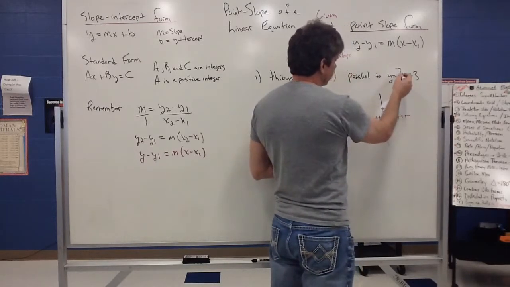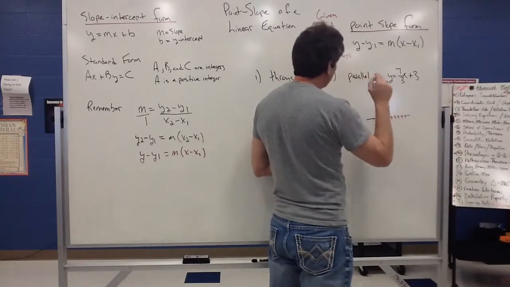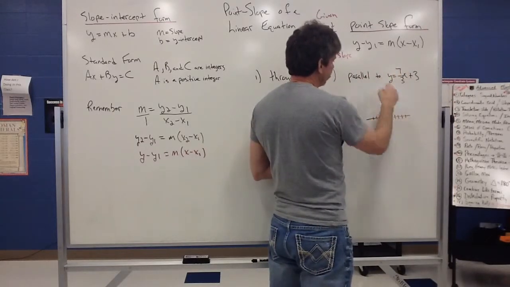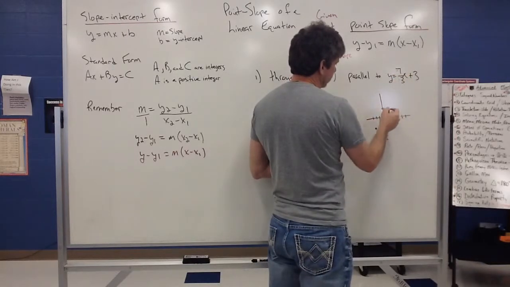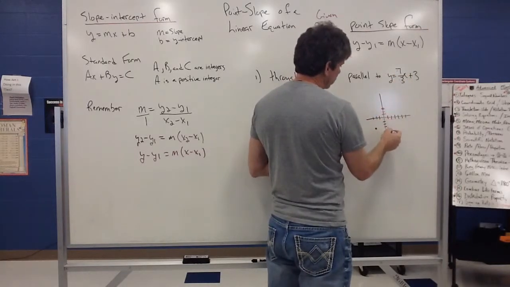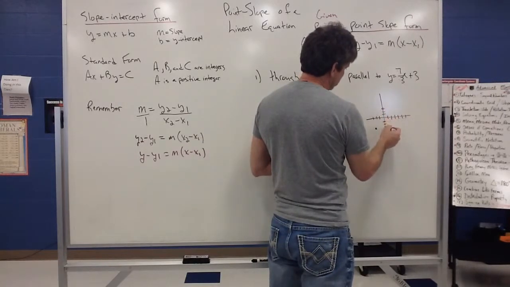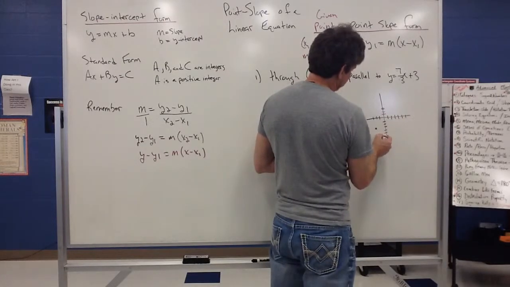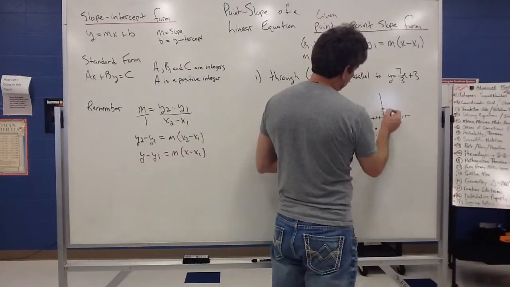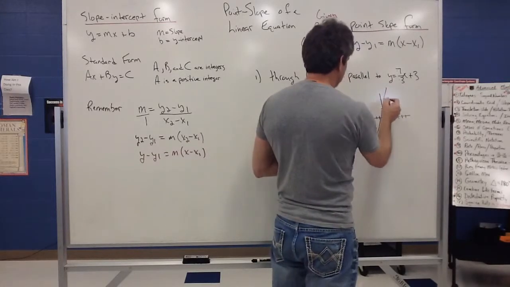So the slope means from this point you can rise up, or actually I can go down as well. So I can make that a negative and a negative. So I can go down 7 and run over 3. So it looks like our line is going to look like this here.